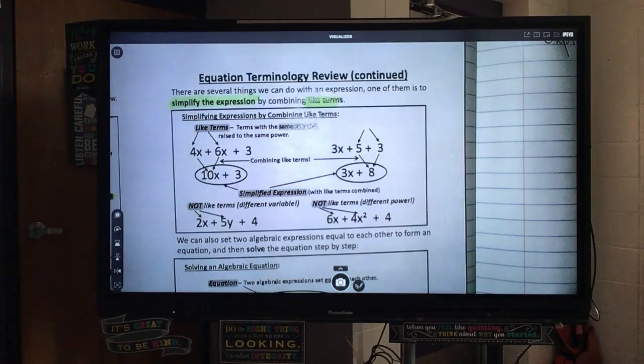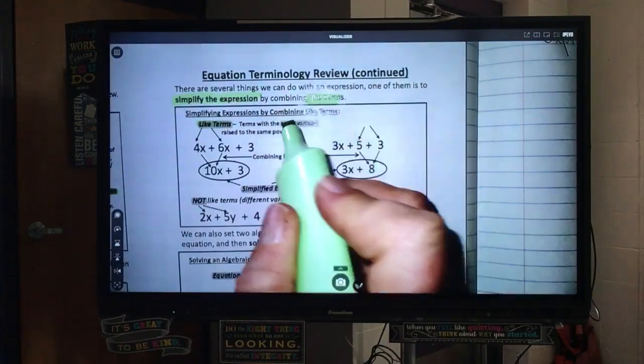So you can combine constants. You can combine terms with the same what? Olivia. Variable. So can I combine 4x plus 3y? Why not? Because they don't have the same variable. All right, simplifying expressions by combining like terms. Like terms are terms that have the same variable.